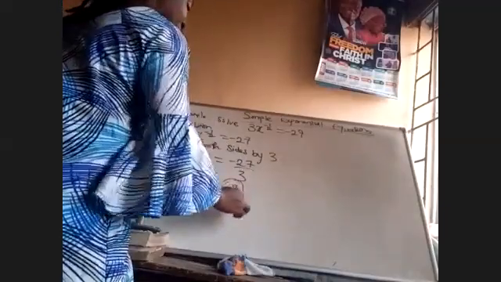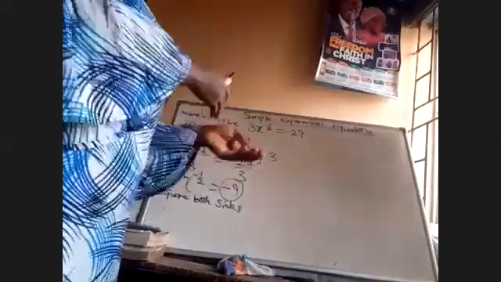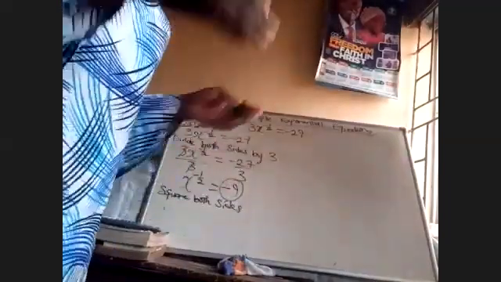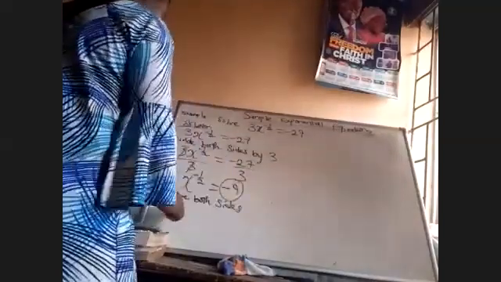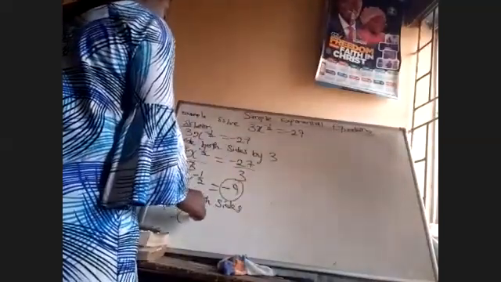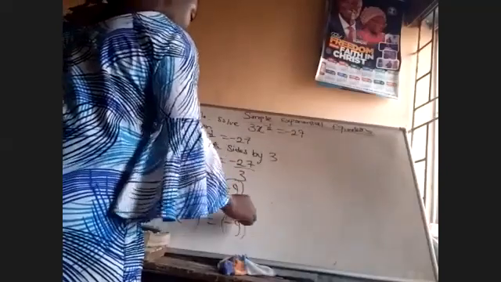Don't forget that in mathematics, once you do whatever you do to the left hand side, you do to the right hand side. Once you do that, the equation is balanced. So we are squaring both sides. We have x raised to the power of minus half squared equals to minus 9 squared.